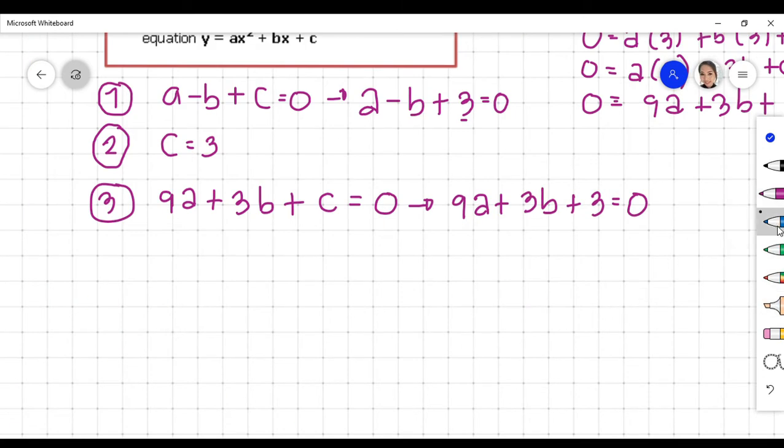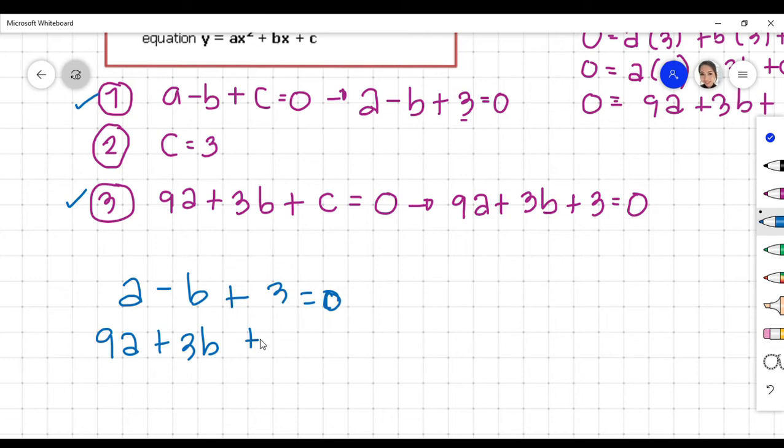So let's take equation 1 and equation 3. So that is a minus b plus 3 equals 0. And our equation 3 is 9a plus 3b plus 3 equals 0. So what we will do this time is we will do elimination method.